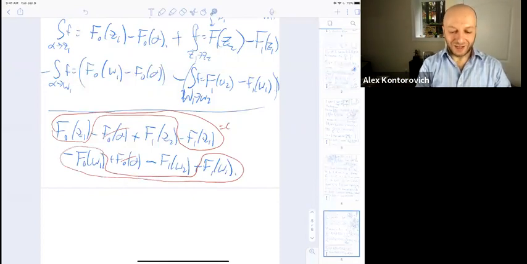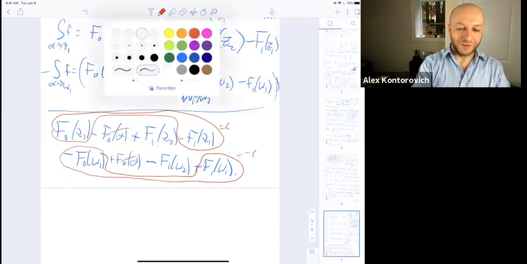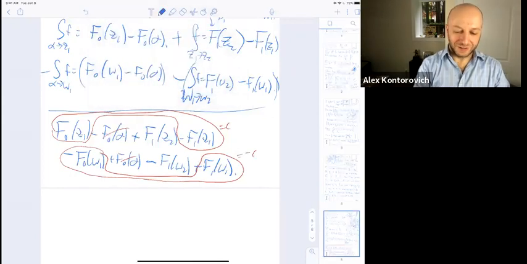So you see, F0 minus F1 is a constant, and here I have minus F0 plus F1 at the same point. So this is minus a constant. And so the sum of these two things is F1 of z2, the only thing that's left over, minus F1 of w2.